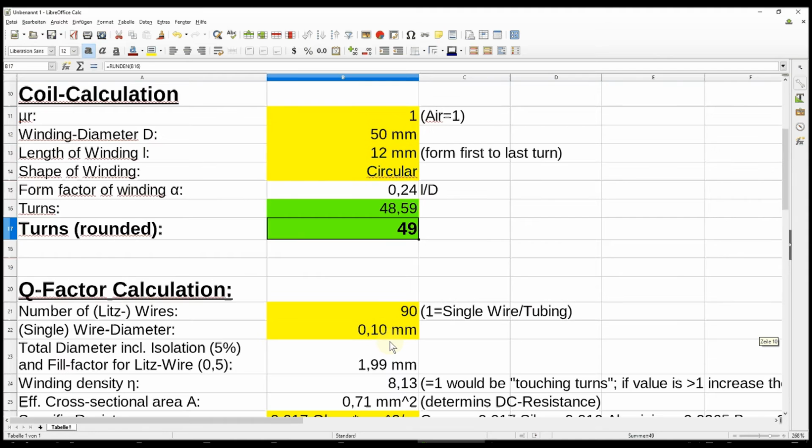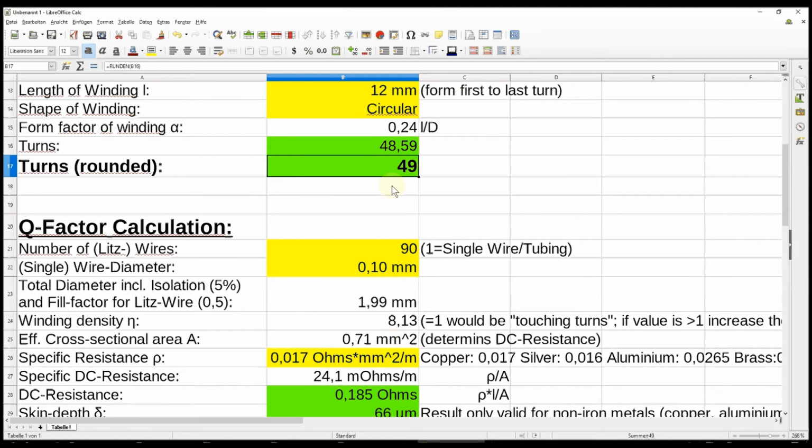And we do not start with the litz-wire. We start with the comparison. Thick wire, so the number of wires is 1.